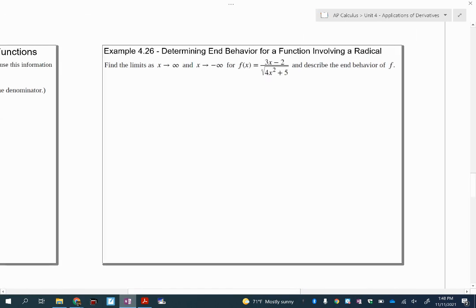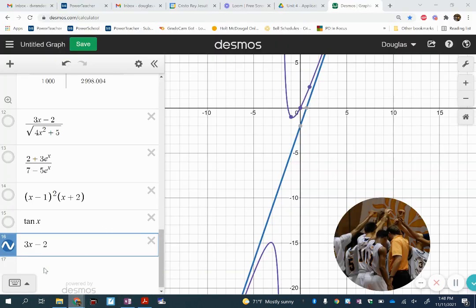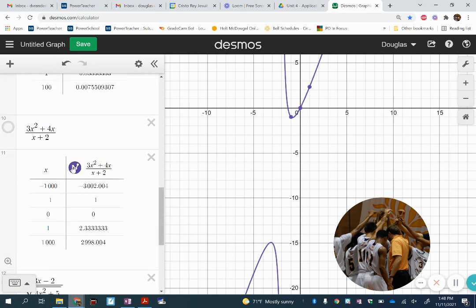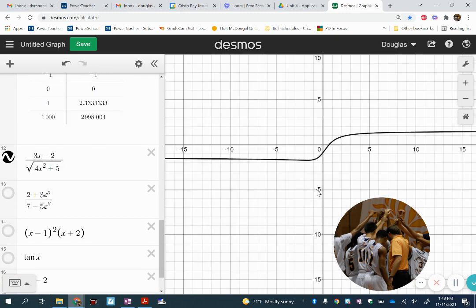The next one is we have 3x minus 2, and in the denominator we have a radical. All right, so I'm going to look at that plot real quick. So I'm going to take this one away, and I have it right here. Okay, so you can kind of see what's going on.